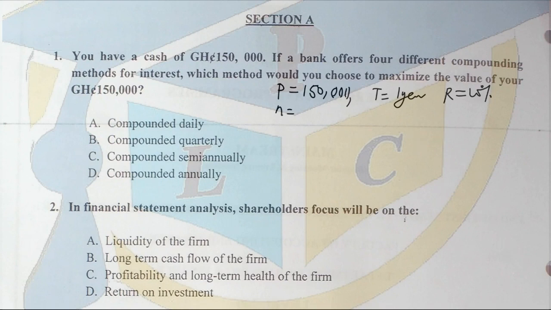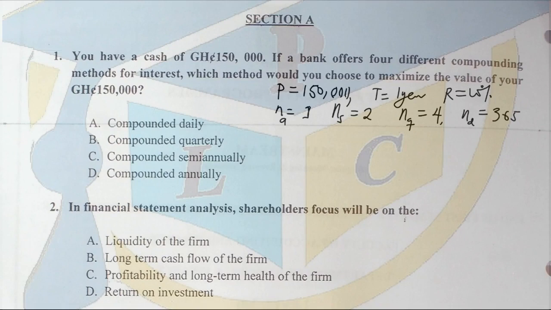So you can even try and compound. So let's say compounded annually, N is going to be 1. Compounded semi-annually, N is going to be 2. Compounded quarterly, N is going to be 4. Then compounded daily is going to be 365 days.